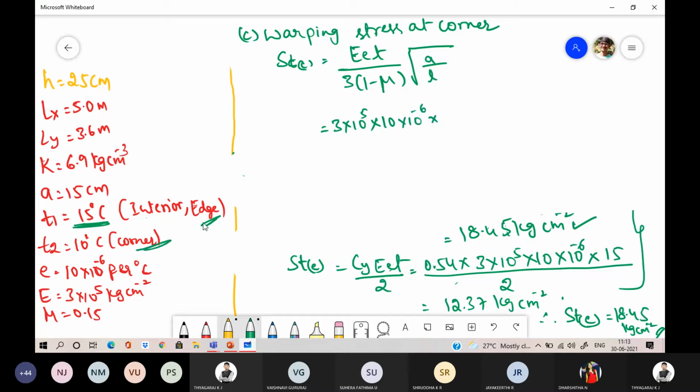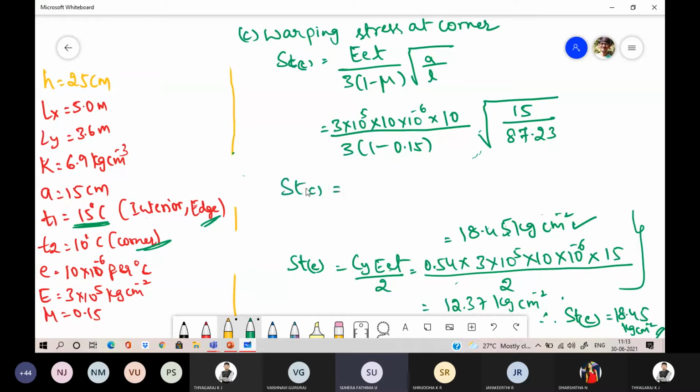But for corner region it is 10 degree, so we have to consider 10. So 3 into 1 minus 0.5 root of a by L, a is 15. What is the L value you have calculated? 87.2. Calculate the stress at corner. 4.87 kg per centimeter square. Is it clear?